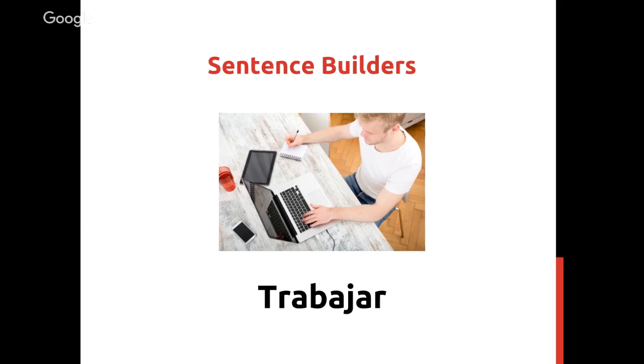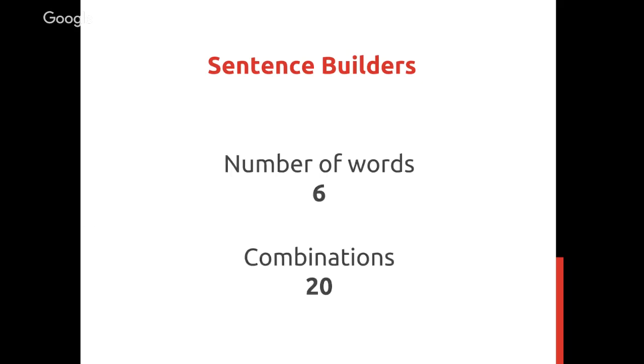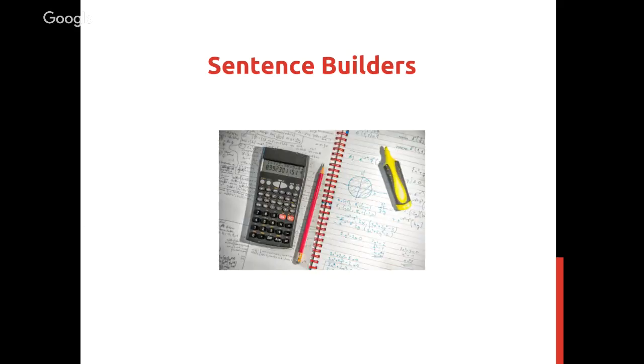Yo quiero trabajar. I don't want to work. Yes. Yo no quiero trabajar. Again, how do you say you want to work? Tú quieres trabajar. Okay, 6 words, 20 combinations. Now it starts adding up.